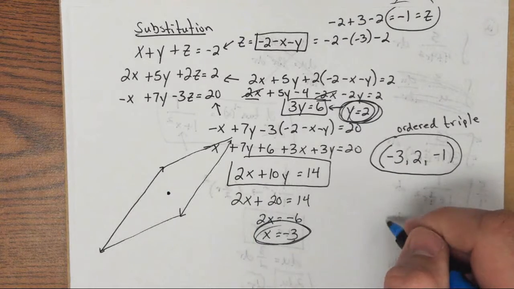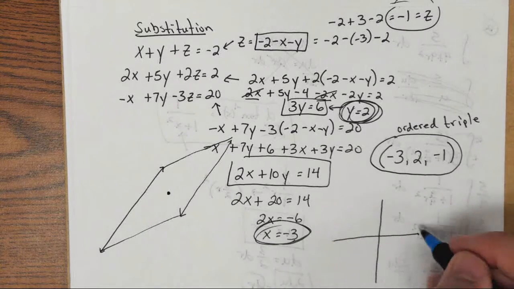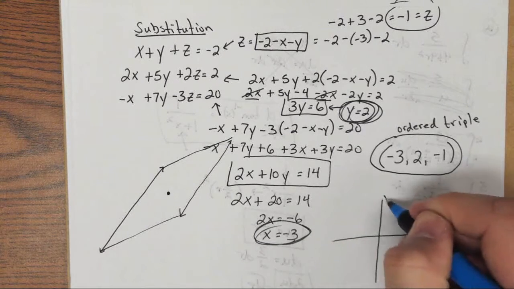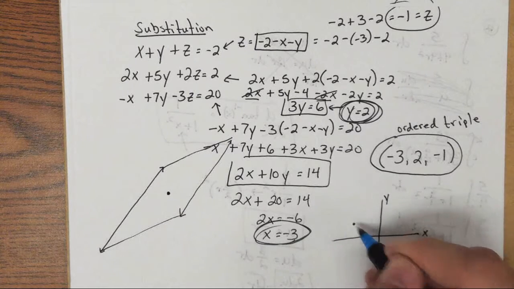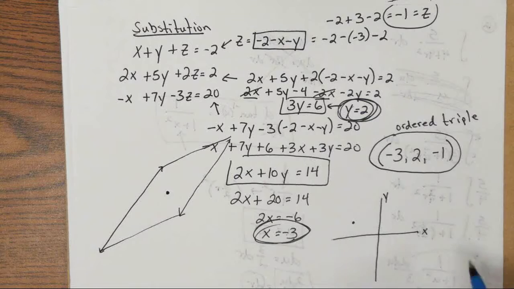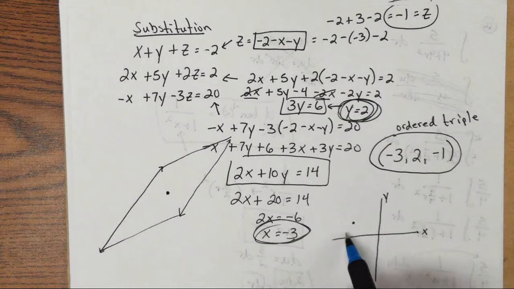And for those of you that have never seen three-dimensional graphing, how in the world do you graph that? Try to think of this idea. You're used to XY graphing, where you go left 3 and up 2 and put a dot there. Well, how do you add in this third dimension? How do you go left 3 and up 2, then where do I go? You either come out or you go back.